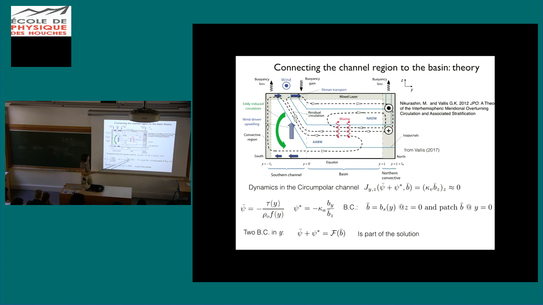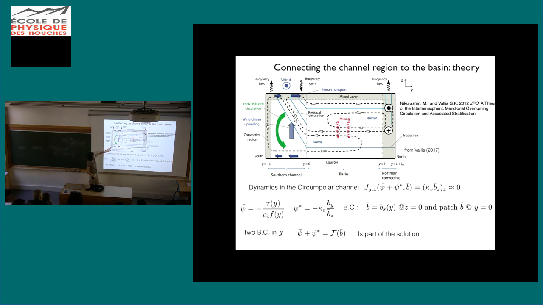So again, we start in the channel because that's where it is important. So the geometry here is, again, we consider a zonally averaged circulation. We'll get to non-zonal averages eventually, maybe, as a function of depth and latitude. And there's a periodic region which stops here at y equal to 0.